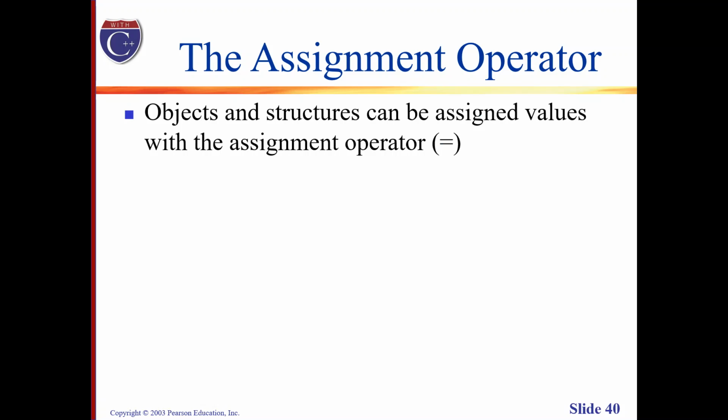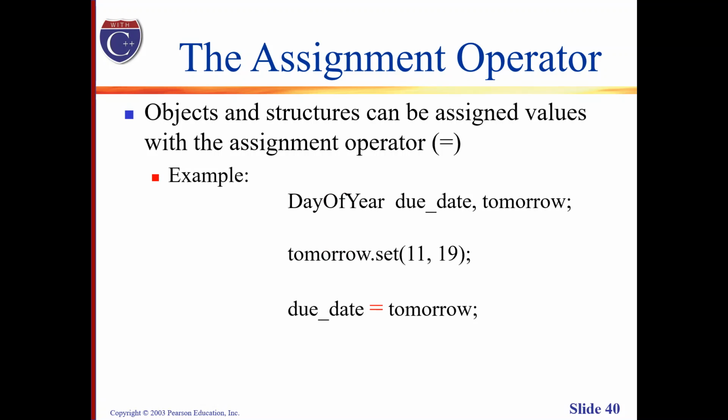Also, assignment operators can be used with objects, just like what we did with structures. Here's an example. In this example, we declared two objects of type day of year, and for this object, using the setter function, we assign the following values to its member variables.